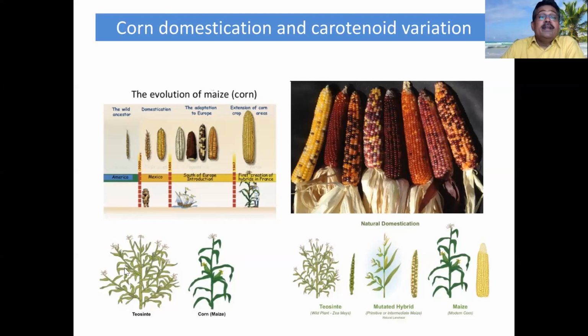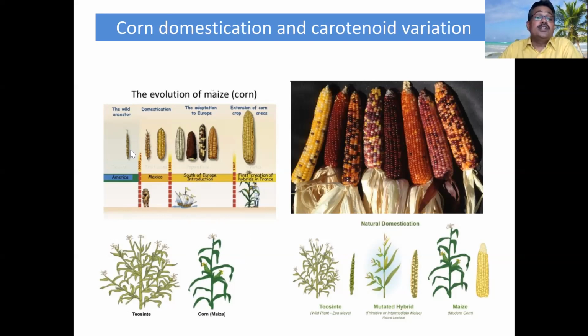When you look for a specific trait in any crop, you have to look at the whole germplasm. Normally, maize has evolved from teosinte. There is multiple branching, and each branch has multiple cobs. It is a very bushy type, and we have a small cob.